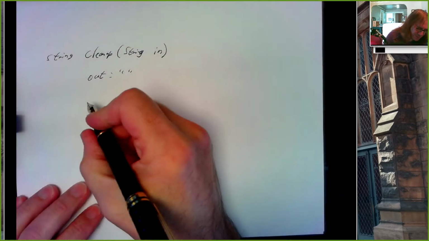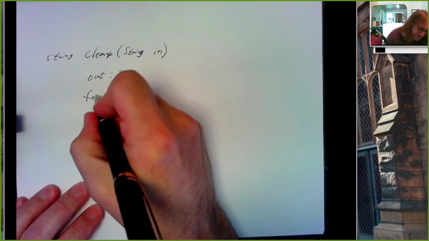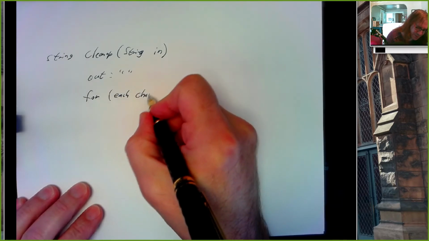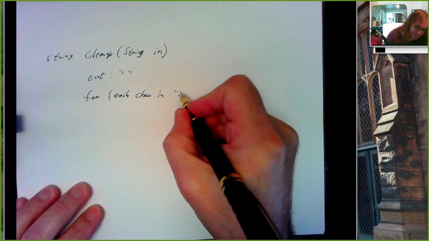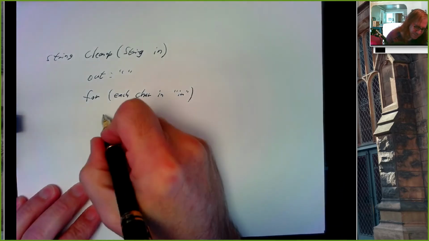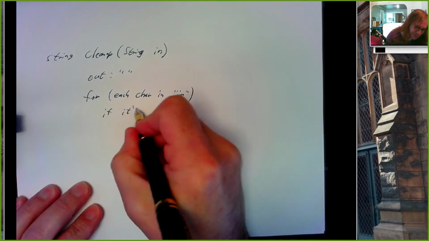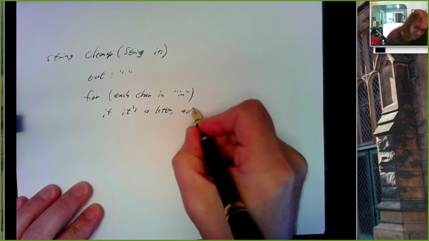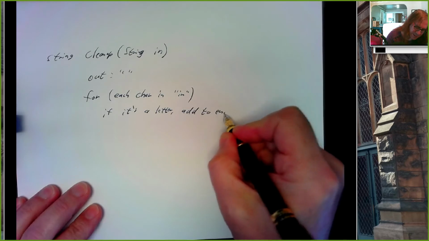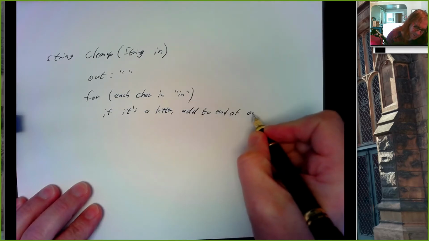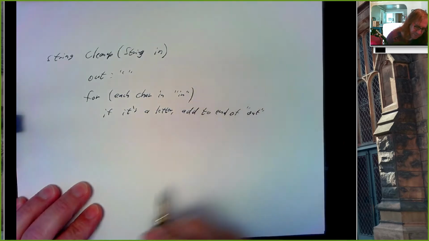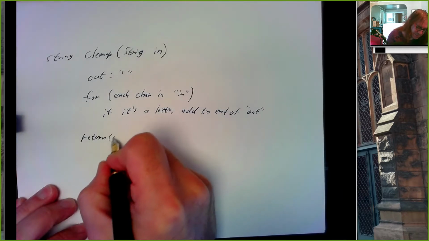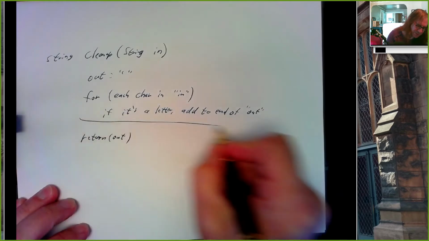So my suggestion was, for each character in your input string, if it's a letter, add to the end of out. And then just return that output string.